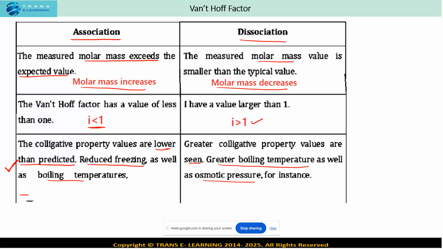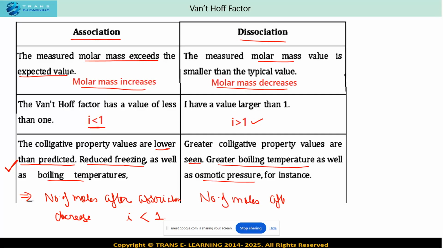Remember one more point: in association the number of moles after association decreases. So that is why the Van't Hoff factor is less than 1, and in dissociation the number of moles after dissociation increases, therefore the Van't Hoff factor is greater than 1. I'll explain with the help of examples.